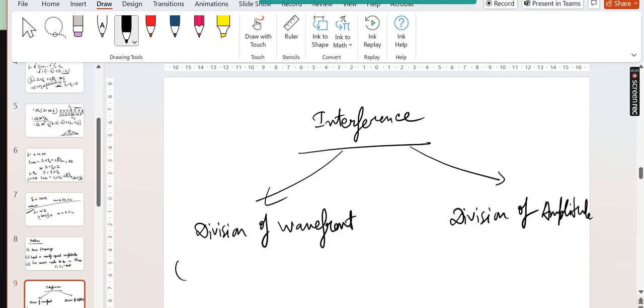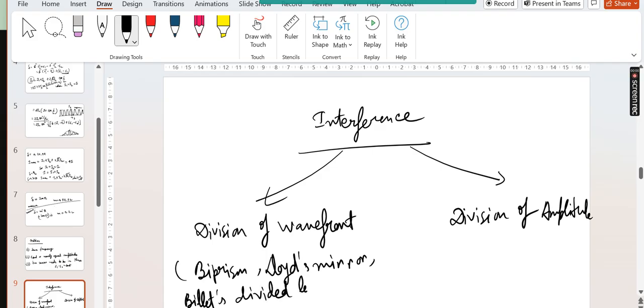The examples of division of wavefront are basically biprism, Lloyd's mirror, divided lens, and so on.